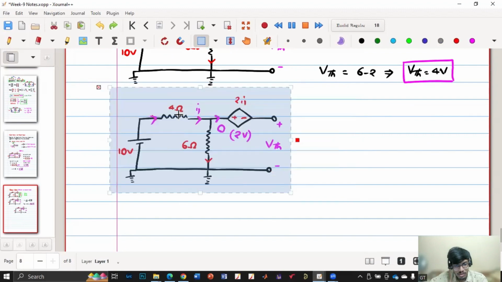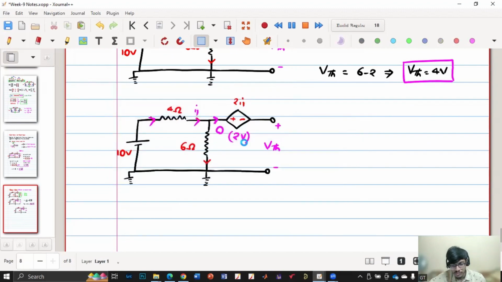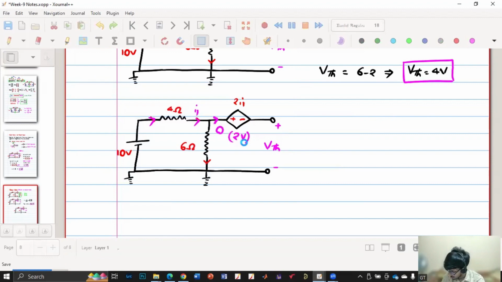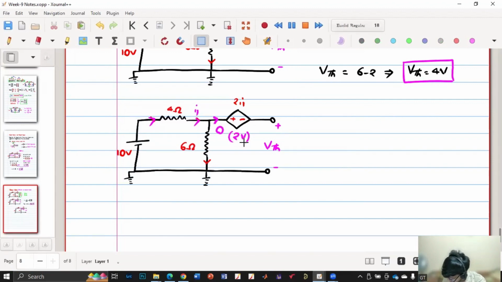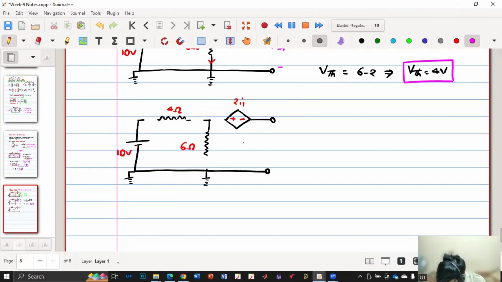So our circuit is here. Let me remove these marks again. We have this circuit, how to find the ZTH?